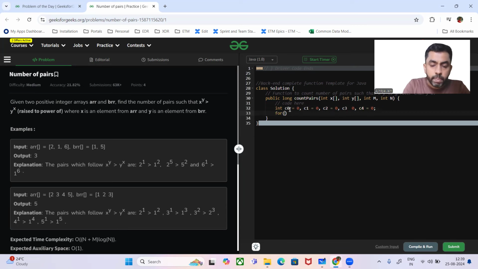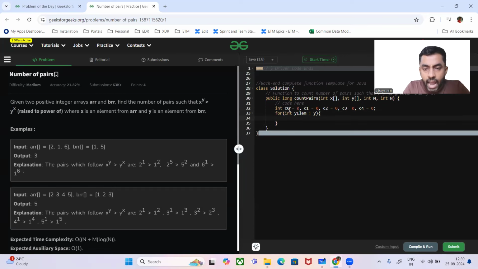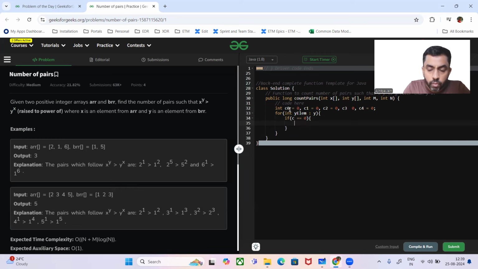Okay, now what are we going to do? For the second array, the y element. First I'll show the Java code followed by C++. So we'll iterate through the y array and calculate the number of zeros, ones, twos, threes, and fours. If it is 0, we increment C0.